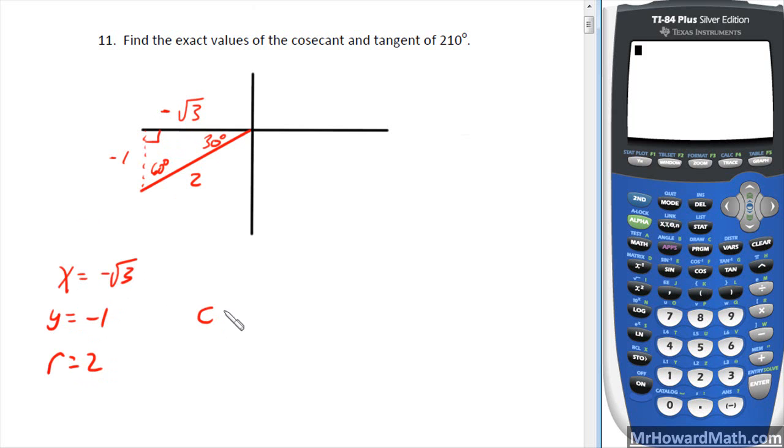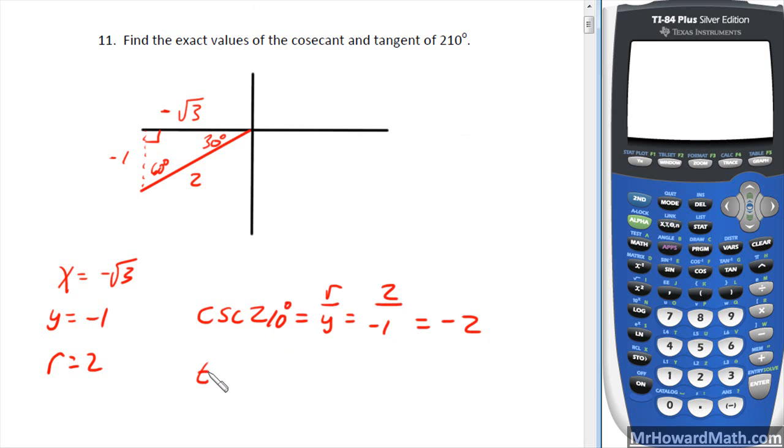So cosecant of 210 degrees. Cosecant was defined as the reciprocal of sine, so it would be r over y. So for us that's 2 over negative 1, so negative 2.